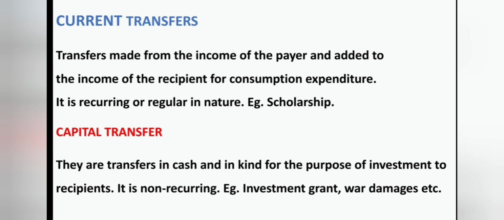Current transfers means the transfers made from the income of the payer and added to the income of the recipient for consumption expenditure. It is recurring or regular in nature. Scholarship is the example, or old age pension.